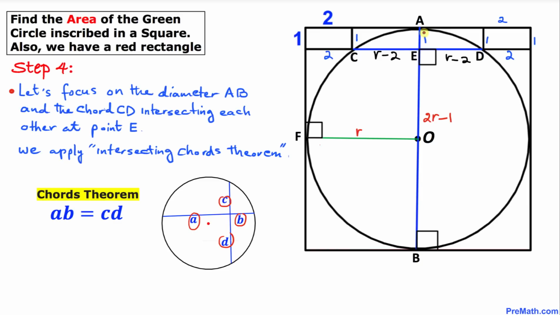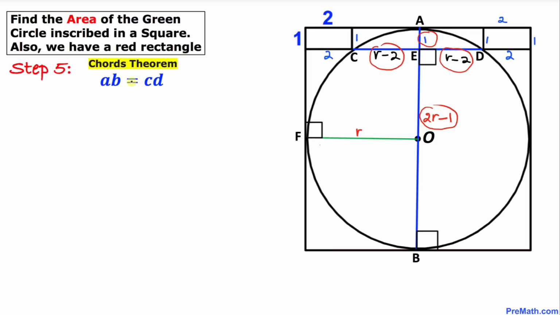And here you can see that our A is going to be R minus 2, and our B is going to be R minus 2 as well, and our C is going to be 1, and our D is going to be 2R minus 1.